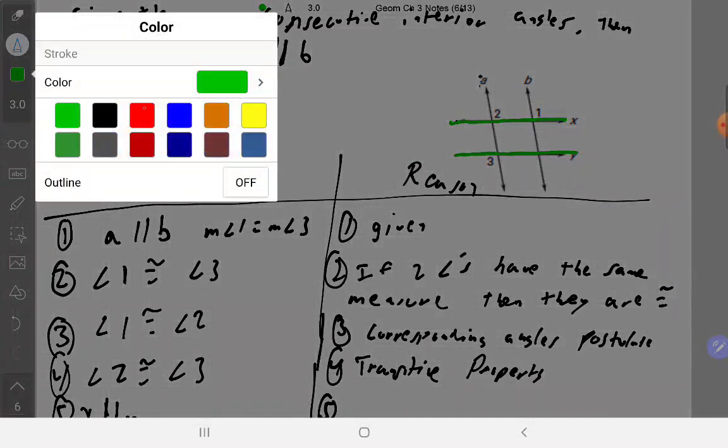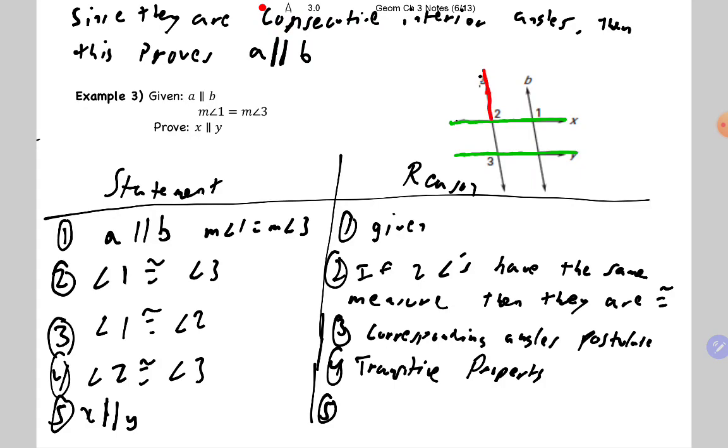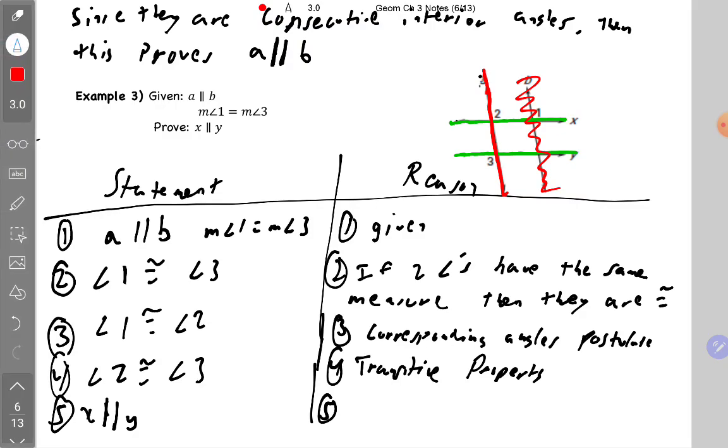And what I showed was, let's use the transversal here, A. So ignoring this side, 2 and 3 are alternate exterior, and they're congruent.